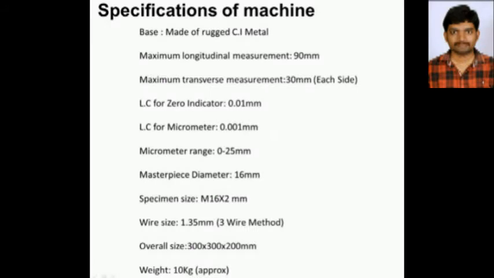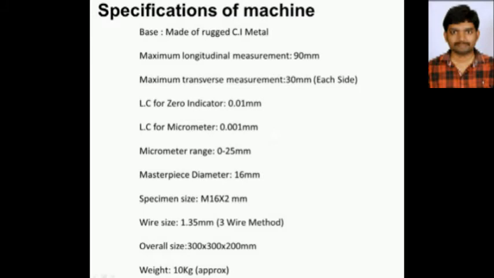And now the specification of this machine: the base is made of rugged cast iron, and the maximum longitudinal measurement is 90 mm. The maximum traverse measurement is 30 mm each side.